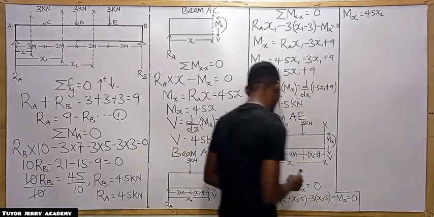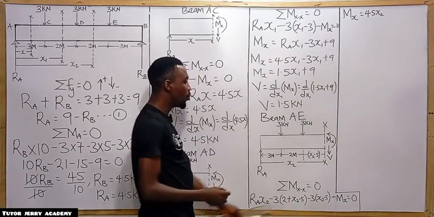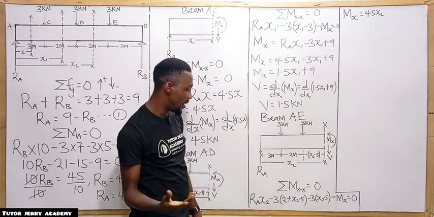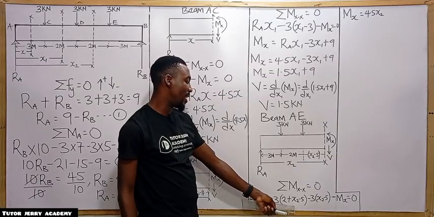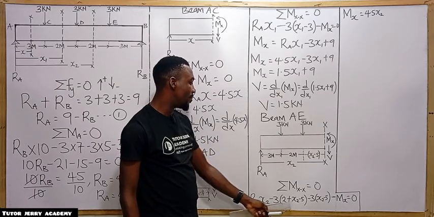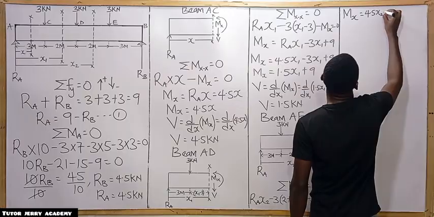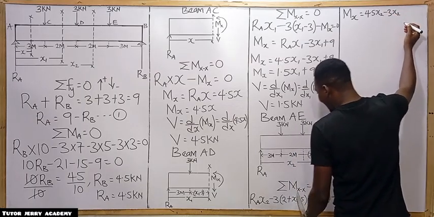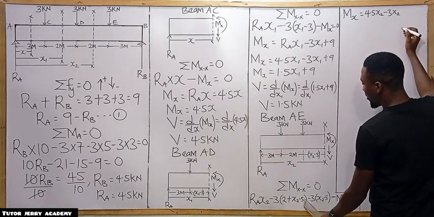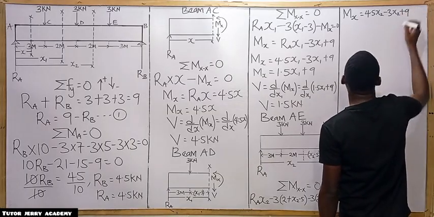Here we have 2 minus 5, that is minus 3, so S2 minus 3 inside this bracket. Multiplying that by minus 3, we have minus 3 S2. Then inside the bracket we have S2 minus 3, and minus 3 times minus 3 is plus 9.